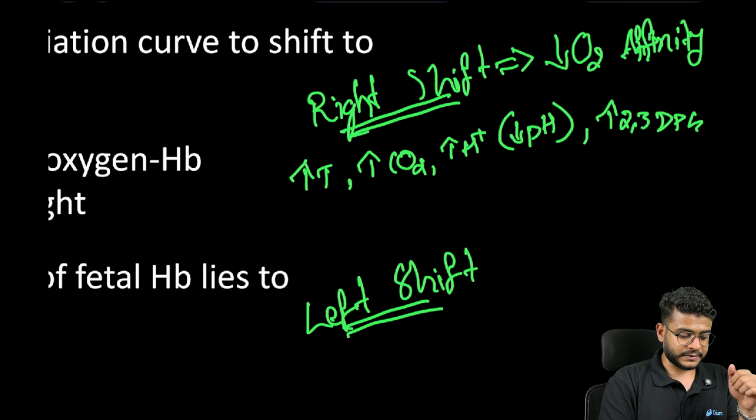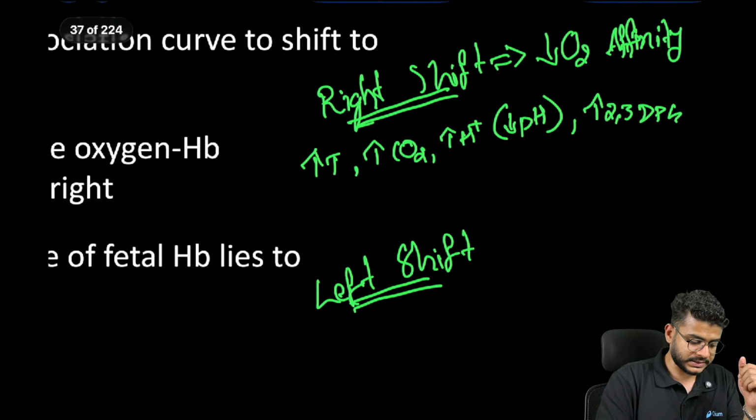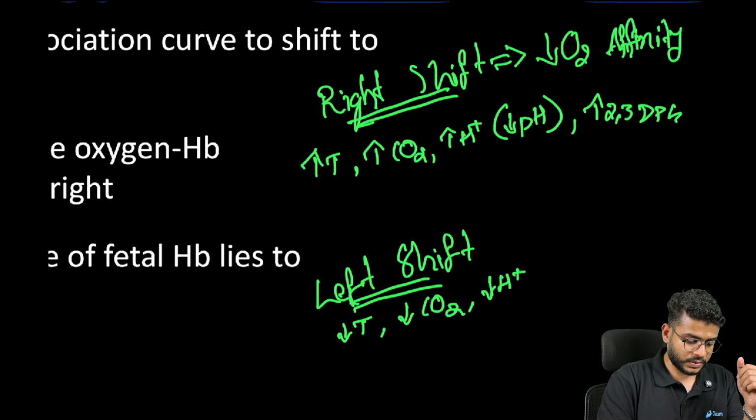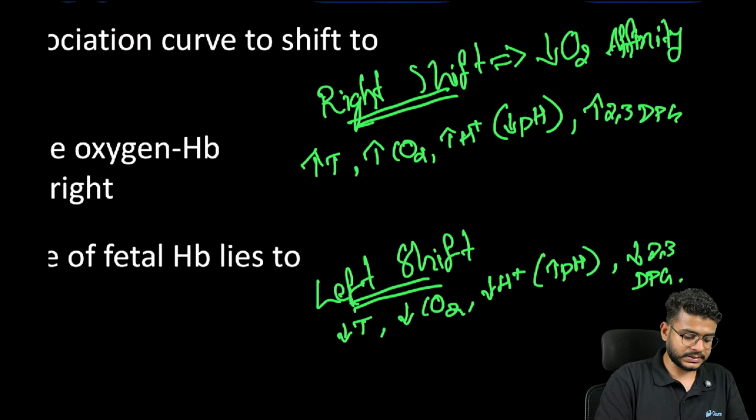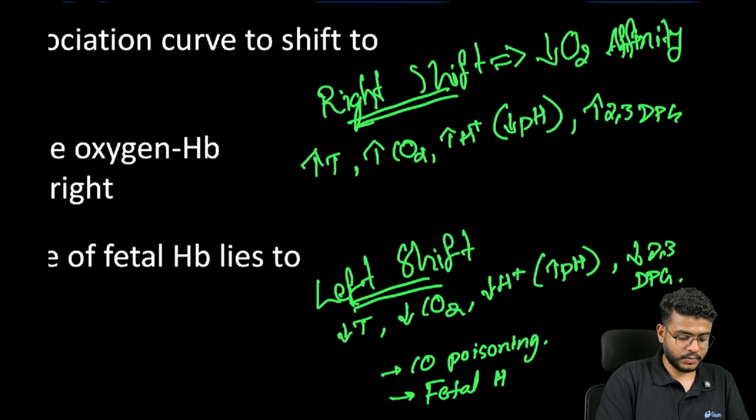Next, the left shift, just the opposite factors: decrease in temperature, decrease in carbon dioxide, decrease in H plus, or increase in pH, both are the same, also with decreasing 2,3-diphosphoglycerate. Okay, there are two other factors causing the left shift, which are carbon monoxide poisoning and fetal hemoglobin.